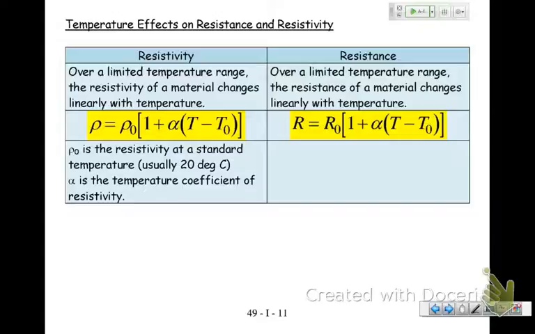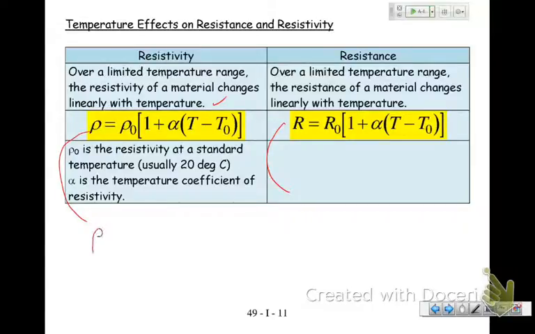This is more important, and there's really only one equation here. There's the resistivity version of it, and there's the resistance version of it. And basically it says over a limited range of temperature, the resistivity of the material changes linearly with temperature. And this is basic. It doesn't look particularly like it, but this is a linear equation.